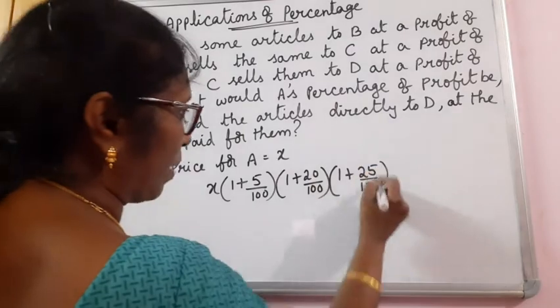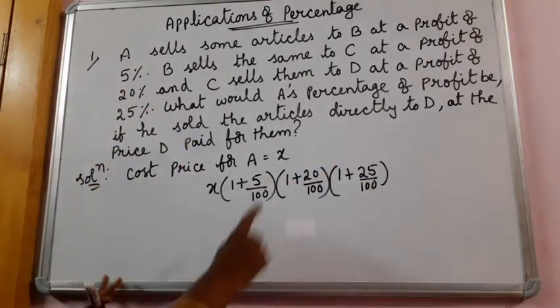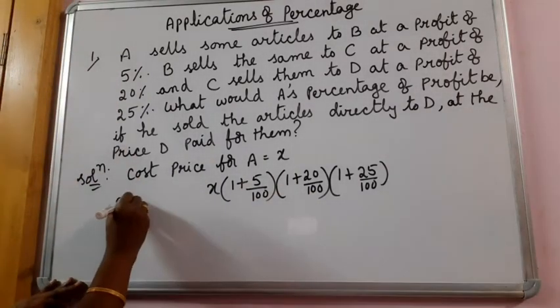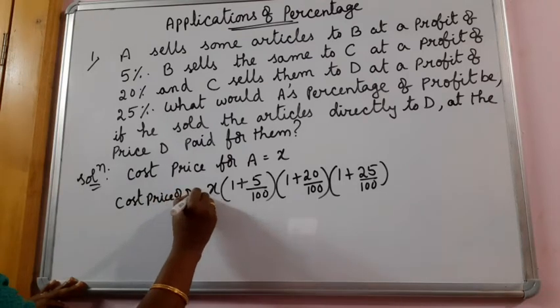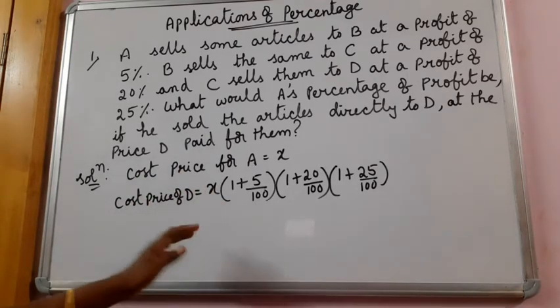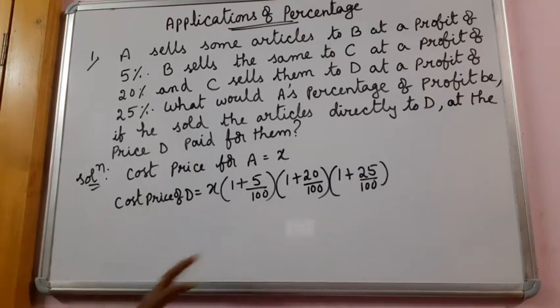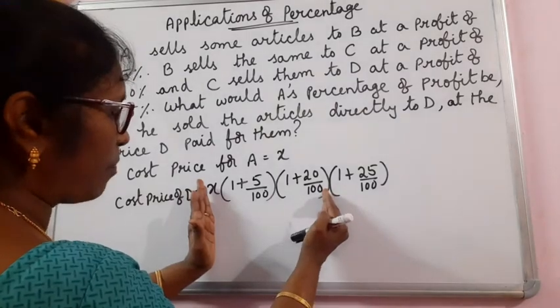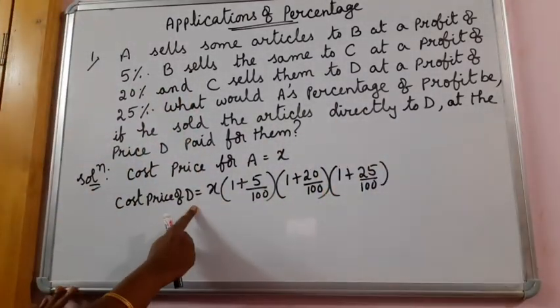So this into 1 plus 25 by 100 is the selling price of C and the cost price of D. So directly I am writing here the cost price of D is this. I hope this is clear to you how we have done. This is the selling price of A, this is the selling price of B, this is the selling price of C, that means the cost price of D.